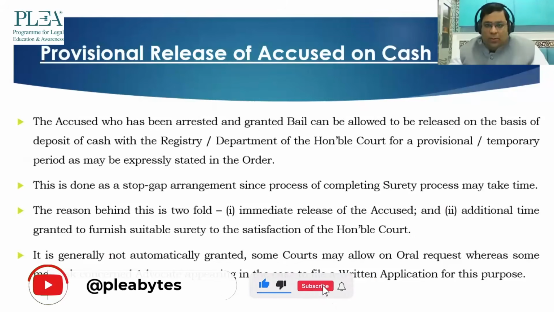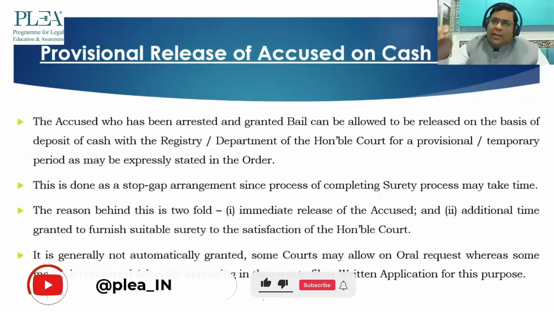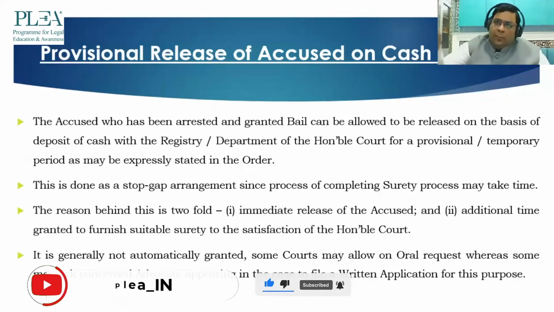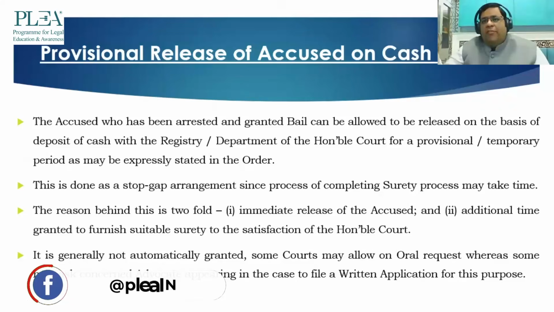When an accused person is released on bail, the court imposes a condition that he or she may be directed to furnish surety for his release. Surety is a person who acts like a guarantor, assuring the court that the accused person, upon being released on bail, will attend the court and face the trial.